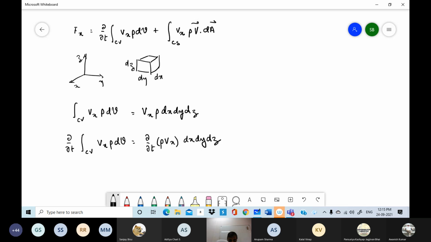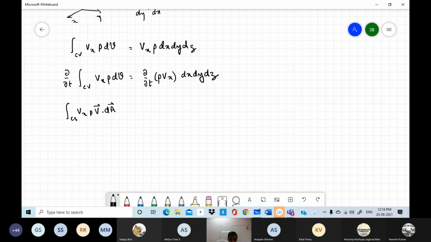Then I have to consider the surface integral.